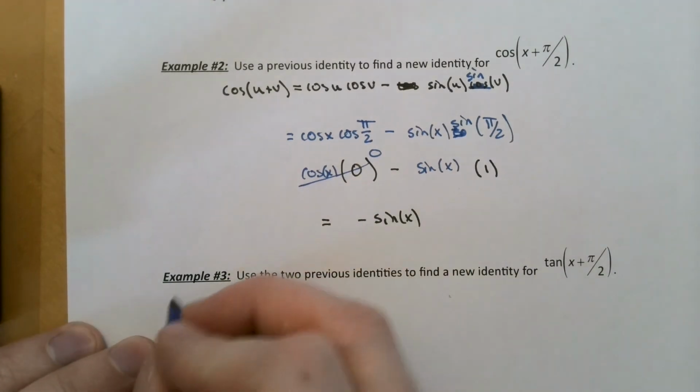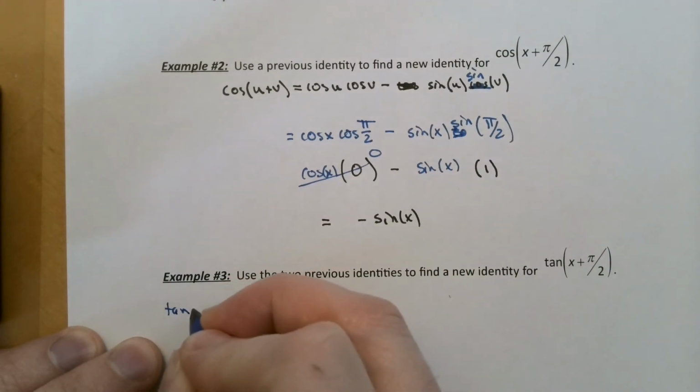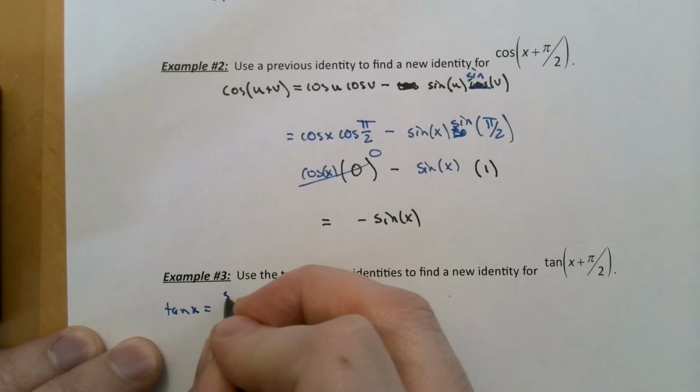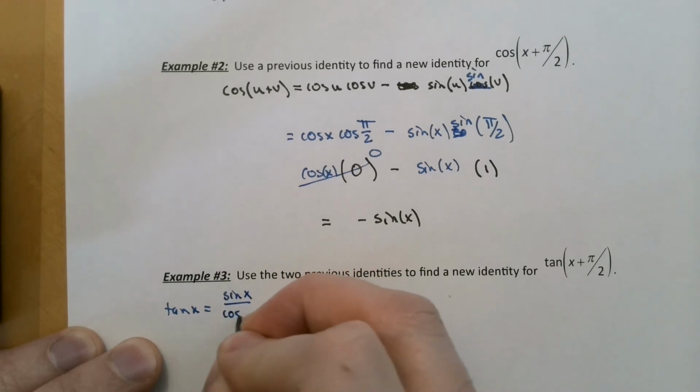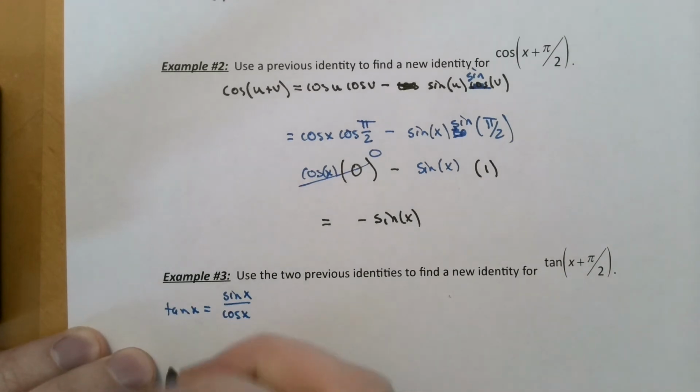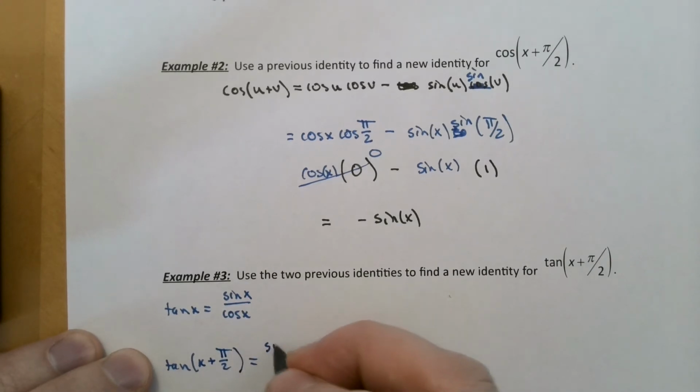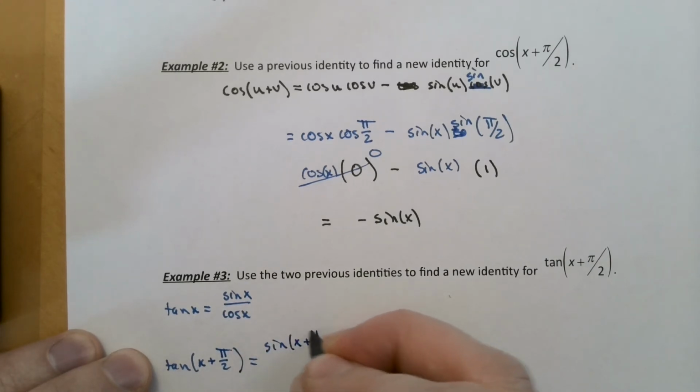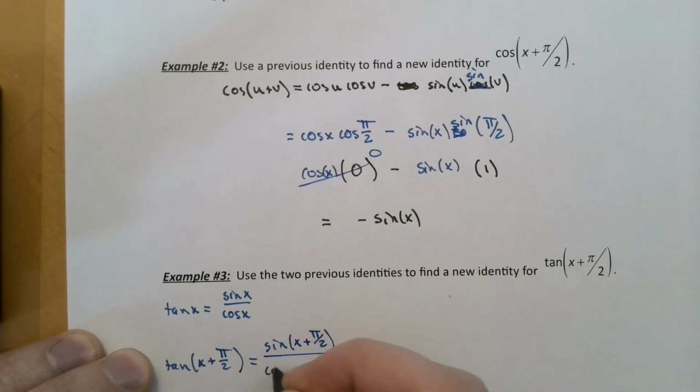However, we do know that tangent of x is equal to sine x over cosine x. So we could say that tangent of x plus pi halves is really equal to sine of x plus pi halves over cosine of x plus pi halves.